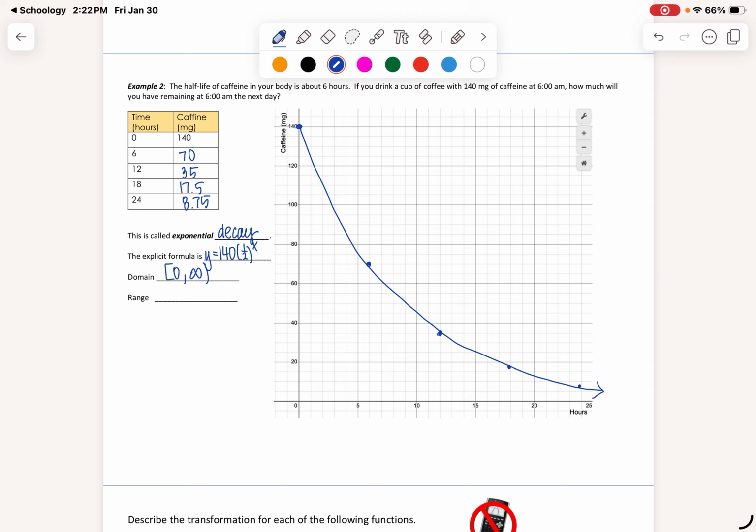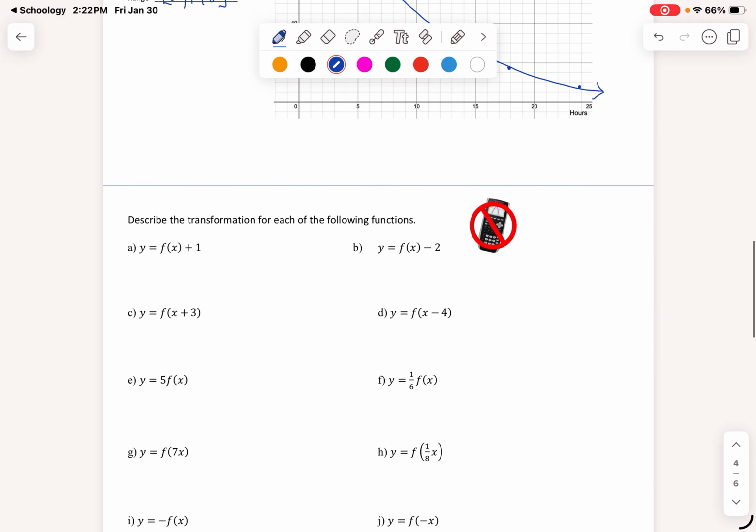And then your range, the lowest it goes is hopefully zero, right? We would argue that it goes to zero. Or we could say it doesn't include zero, because there'll always be a little bit left in your body. We can argue either one, but the highest amount is that 140. Okay, this is happening because of the word problem. If we took the word problem aspect away from it and just said just graph these equations, they would have a different domain and range.